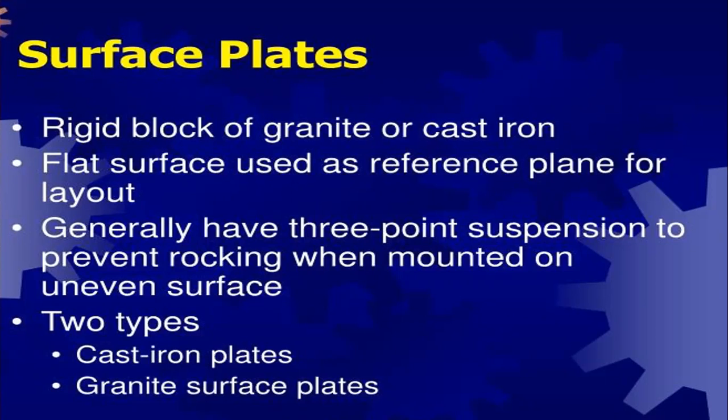The first one is the cast iron plate, and the second one is the granite surface plate. These are two different materials: the first one is rock, and the second one is pure metal, that is cast iron.